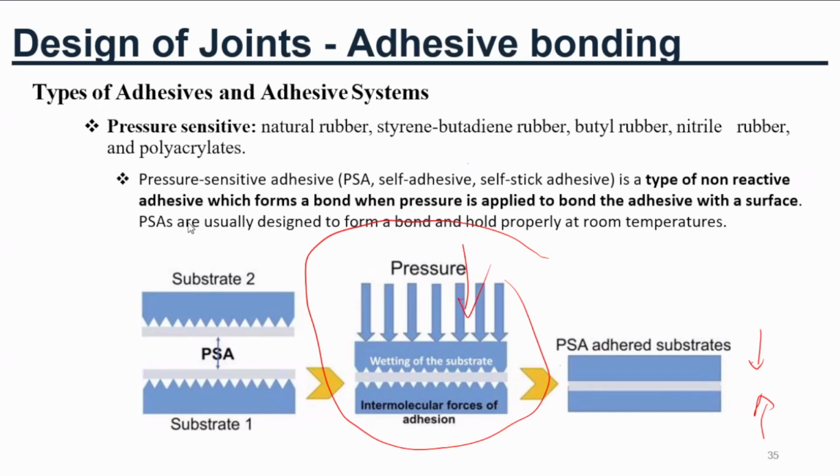Common in labels, stickers, some protective films. Okay, these are common applications. So commonly used materials are natural rubbers, styrene butadiene rubber, butyl rubber, nitrile rubber, polyacrylates.